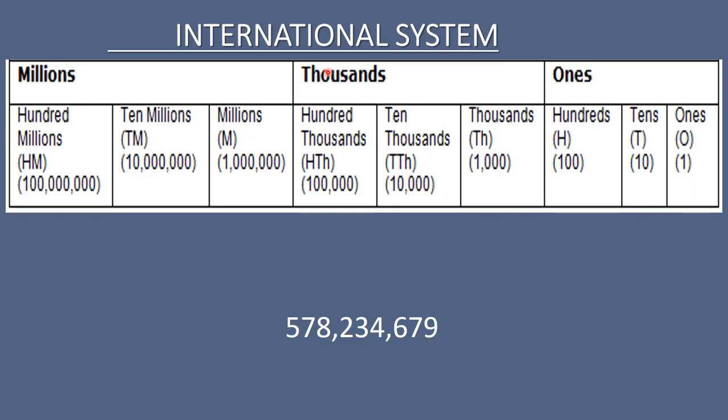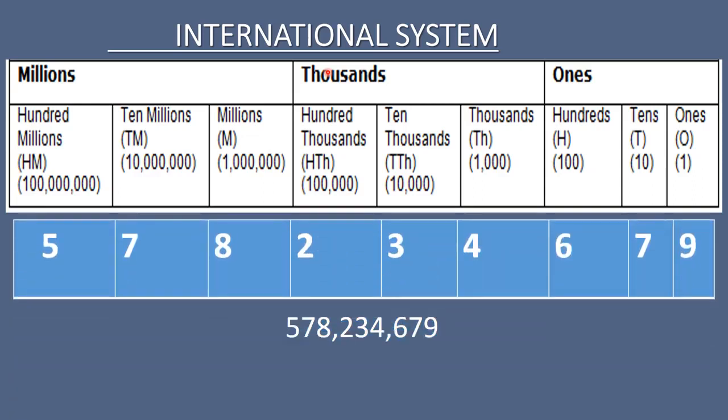The same number that I have written earlier in the Indian system, now I am writing in the international system. Now see how we will read it. It is 578,234,679.